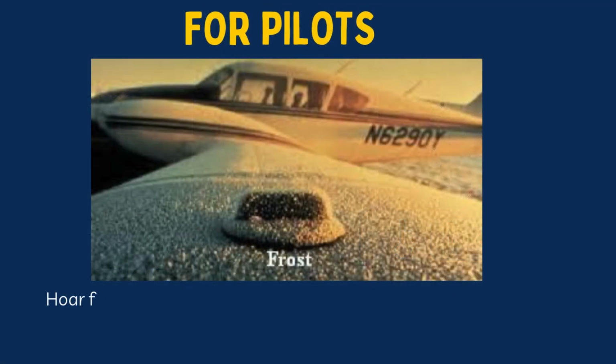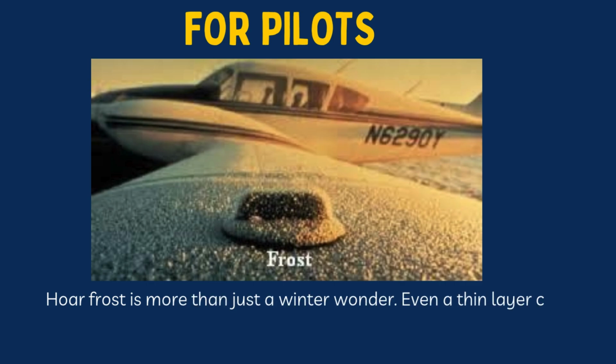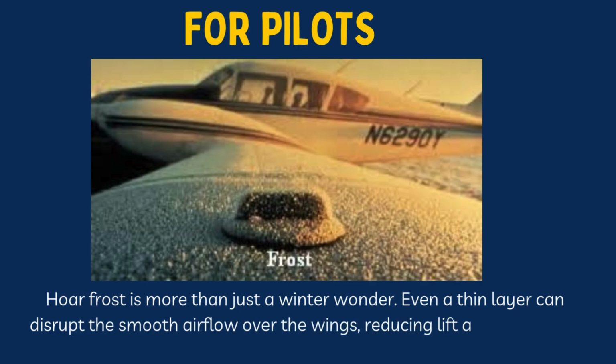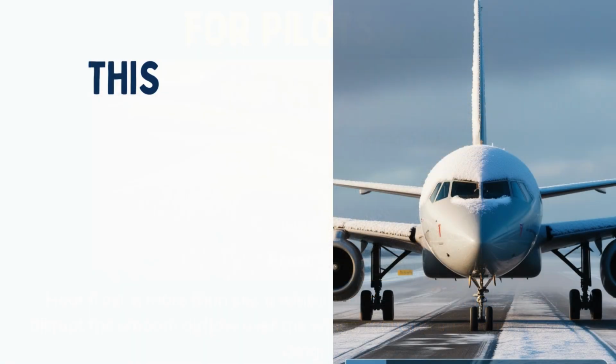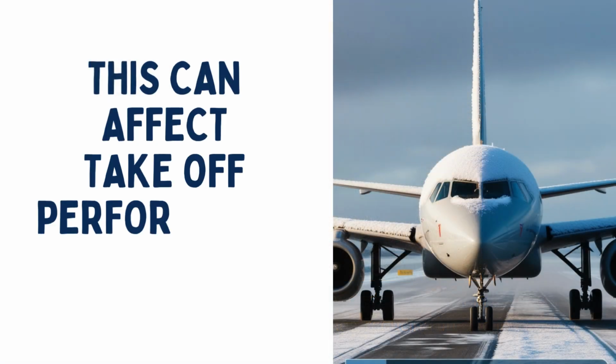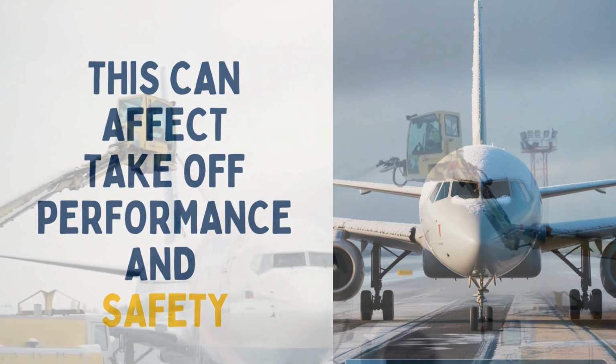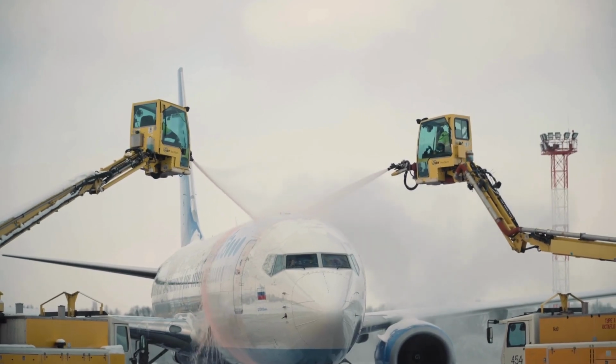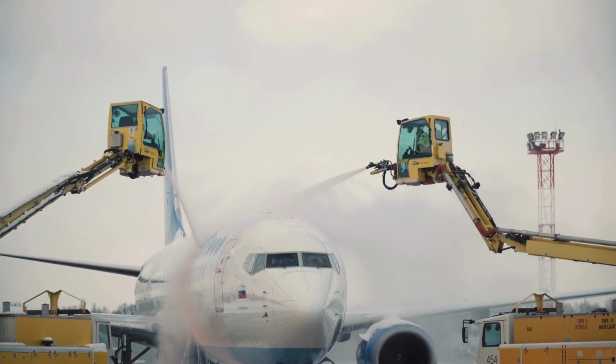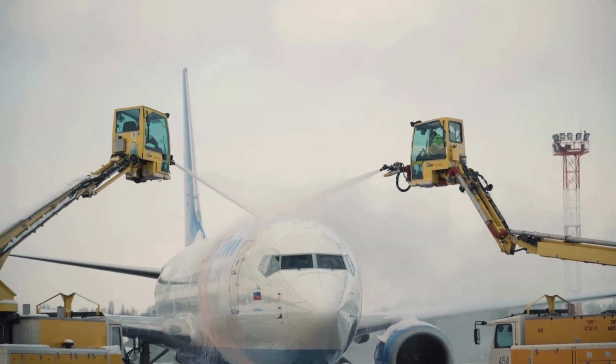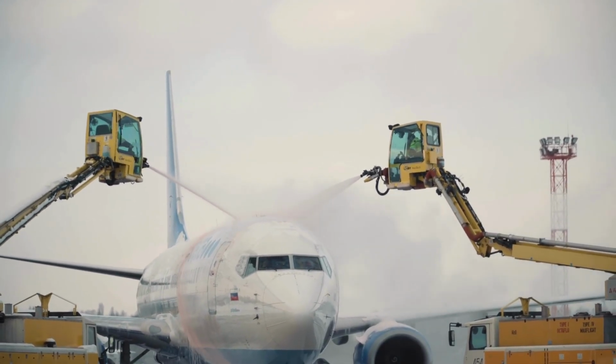For pilots, hoarfrost is more than just a winter wonder. Even a thin layer can disrupt the smooth airflow over the wings, reducing lift and increasing drag. This can affect takeoff performance and safety. That is why it is essential to thoroughly remove frost before your flight. A small oversight can lead to big consequences.